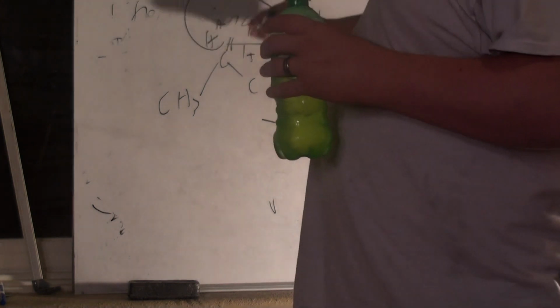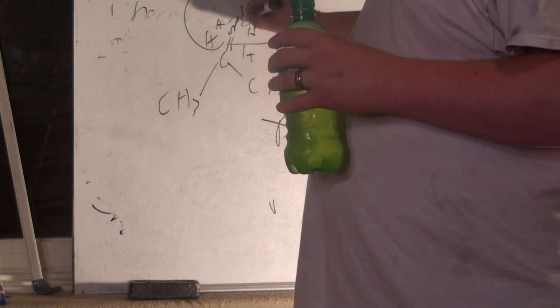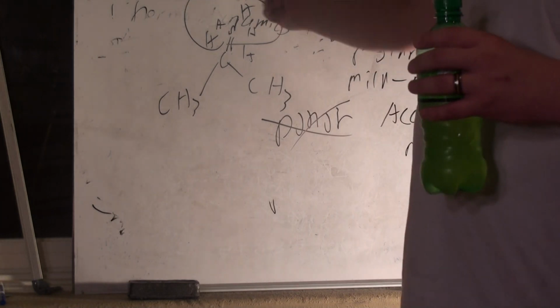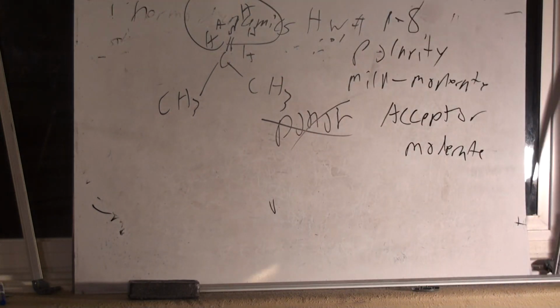Now, that's not a chemistry that exists, but a nitrogen that has a hydrogen or whatever, okay? That nitrogen's in the way, and so it can't hydrogen bond as well, in a sense. So that's how I characterize those two things. So, mild to moderate polarity, an acceptor, moderate at least, okay?